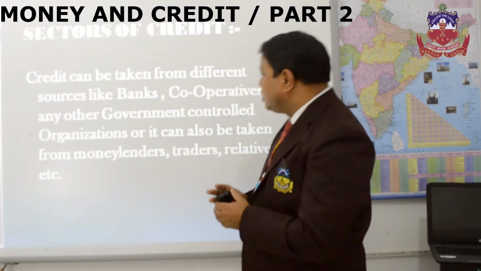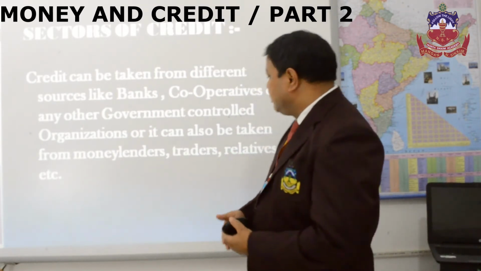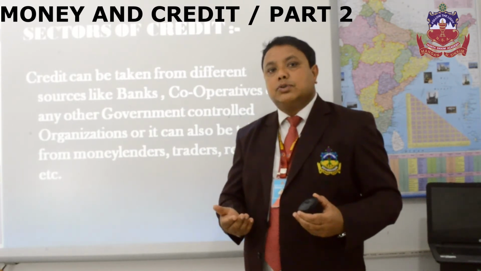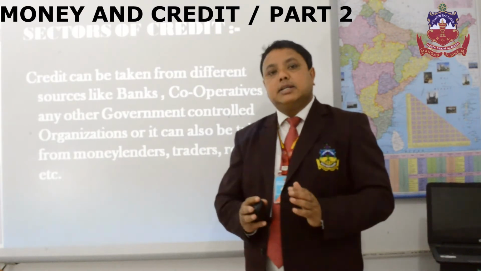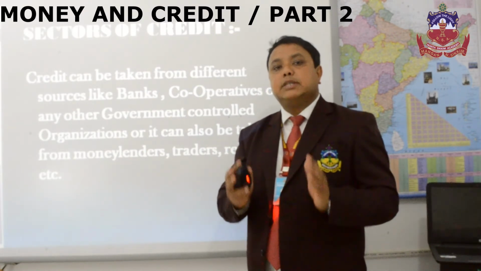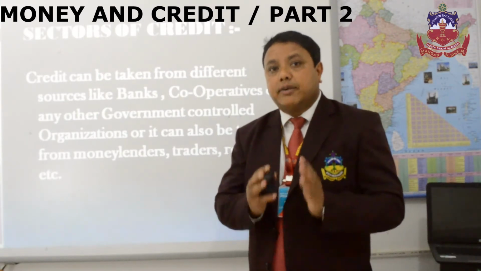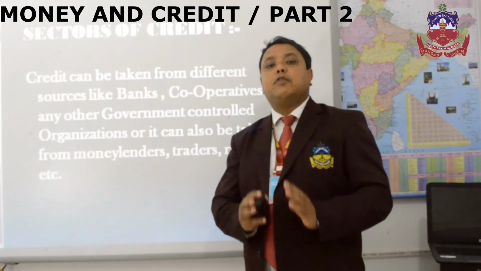Credit can also be taken from money lenders, from traders, from relatives, from our friends. The credit which is taken from these people, like money lenders or our friends, belongs to the informal sector. So credit can be taken from the formal sector as well as from the informal sector.